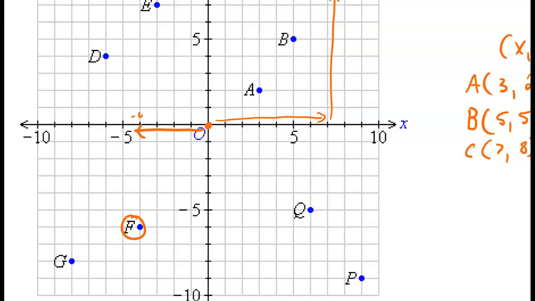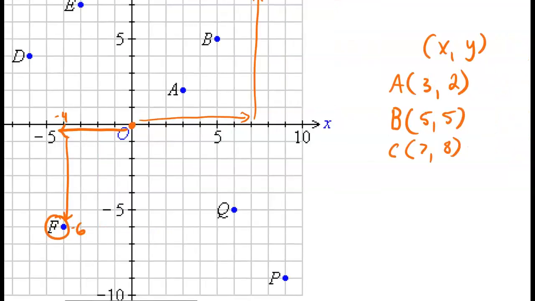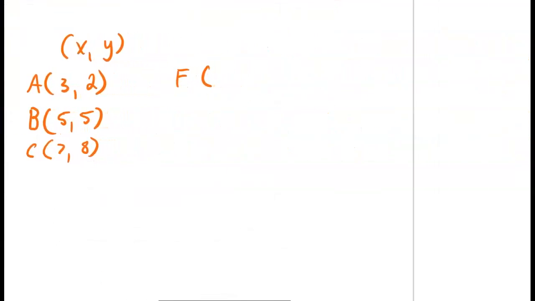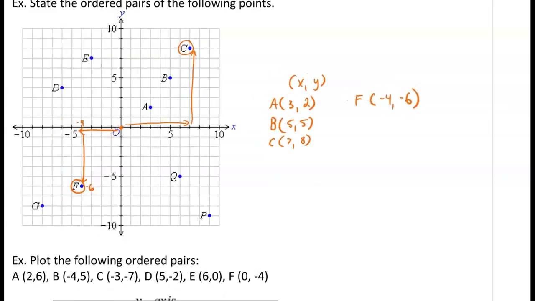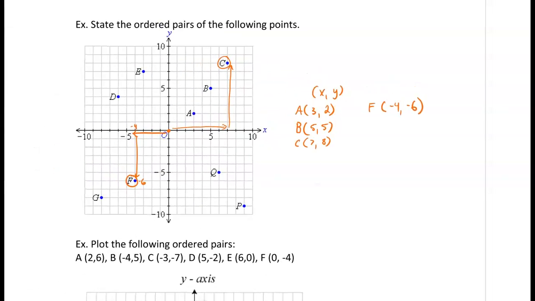Right here is -4. Then we move down to -6. So that means our x is -4, and our y is -6. So that's how we write out our ordered pairs for these specific points.